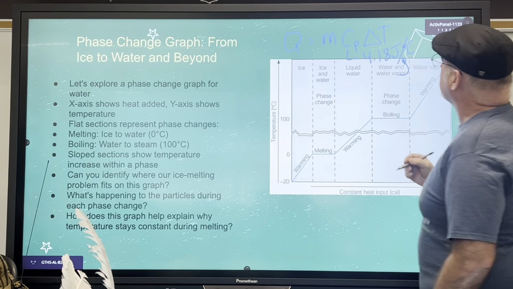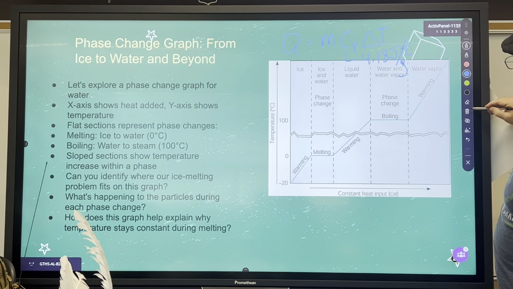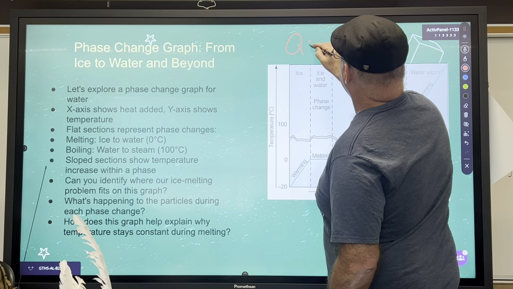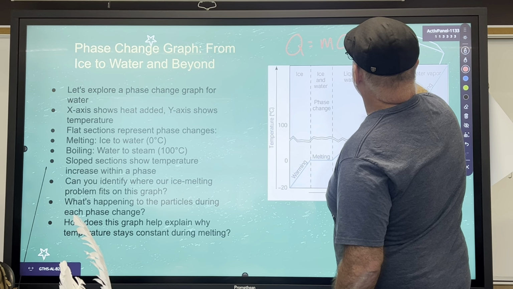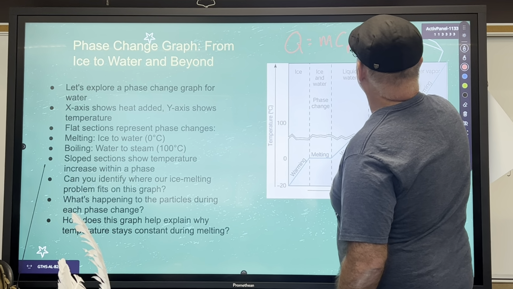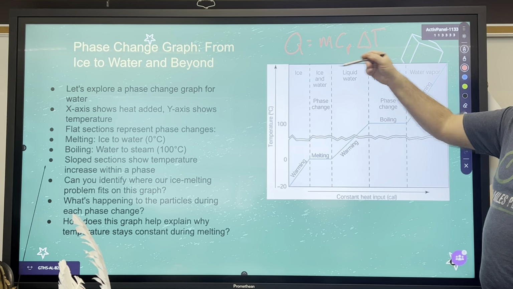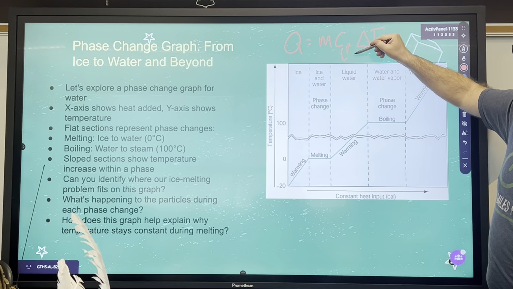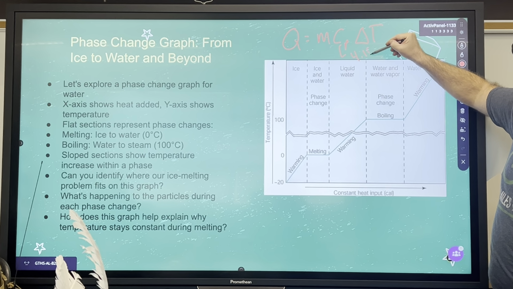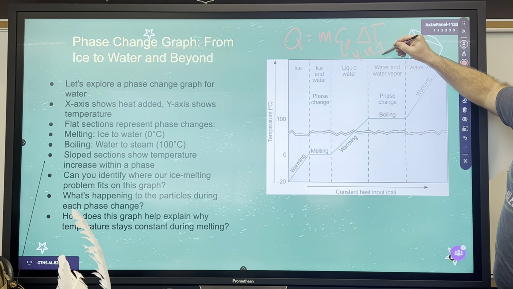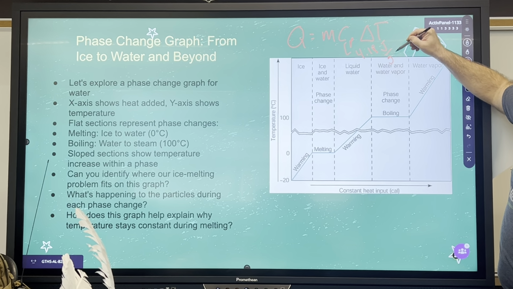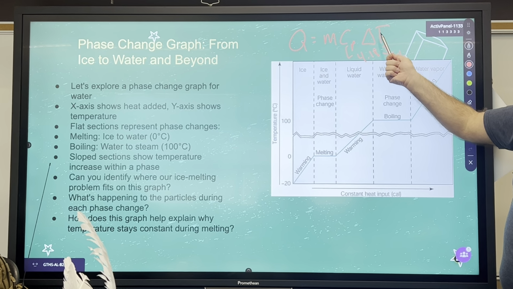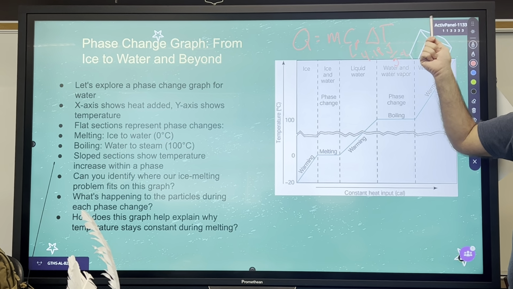So we already know it's 4.18 joules per gram per degree Celsius. It's kind of hard to see. What if I do a different color? That's better. Q equals m c delta T. So what if I have 10 grams of water, and this is 4.18 joules per gram degrees Celsius, and I raise it 10 degrees Celsius.